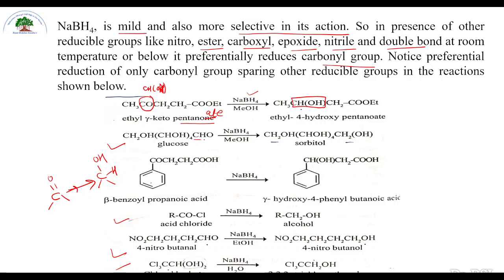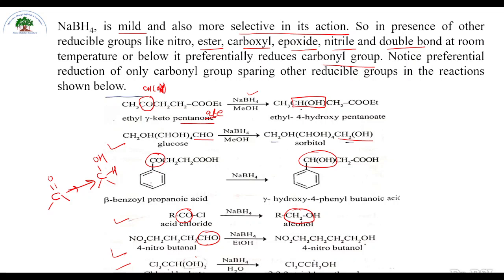Here this aldehyde has been changed to primary alcohol. Here this ketone is changed to CHOH. Here this C double bond O to CHOH. Here this aldehyde, and here chloral hydrate has been reduced to 2,2,2-trichloroethanol.